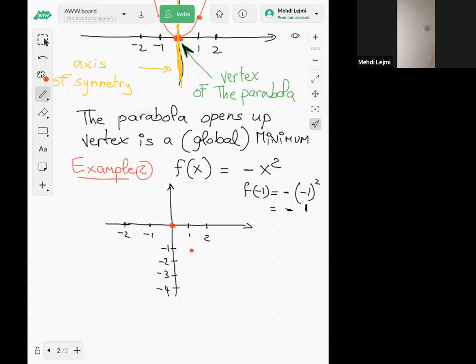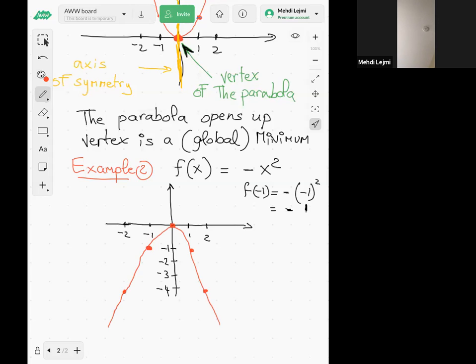So here's my negative 1. If x is 2, 2 squared is 4, minus, that will be negative 4. And the same if x is negative 2: negative 2 squared is positive 4, but then there is a minus, so that'll be negative 4. Anyway, so for negative x squared, the graph would be like this one here. Right?